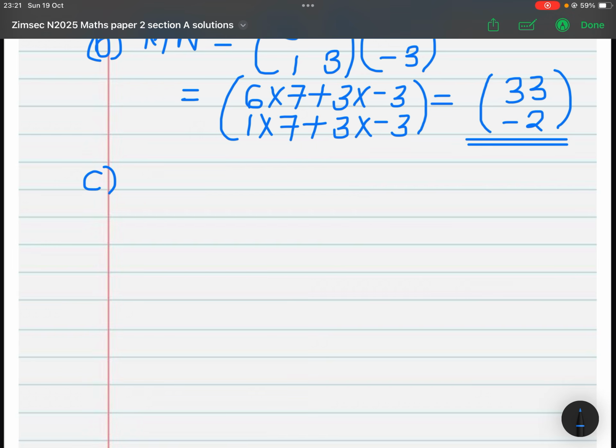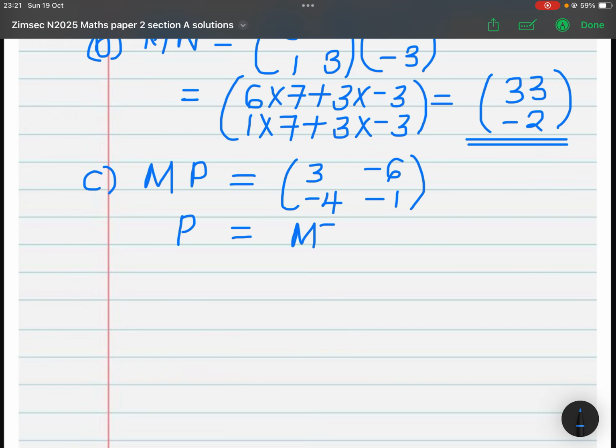So the question is saying, this is now part C, right? We are saying M times P is equal to [3, -4, -6, -1]. So to make P the subject of formula, we multiply both sides by the inverse, right?